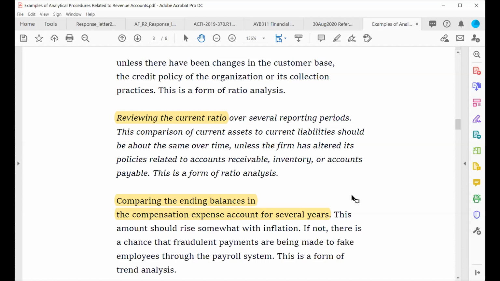For example, the payment to the employees, some changes in the payroll system, etc. So the relevant expense accounts should also be reviewed as a part of the sales.